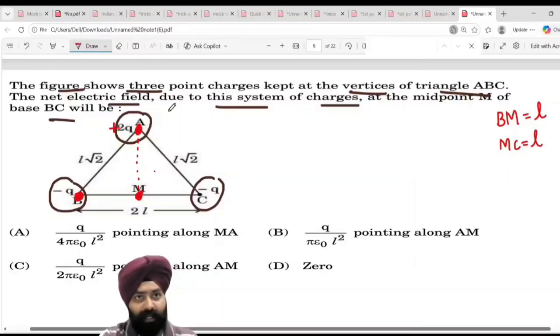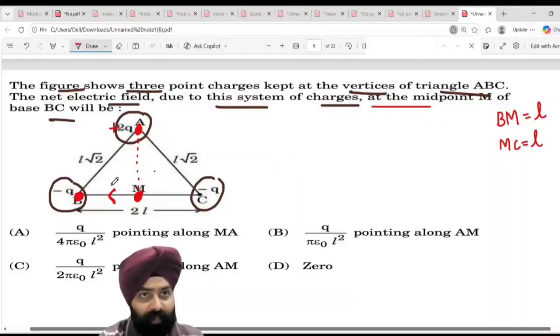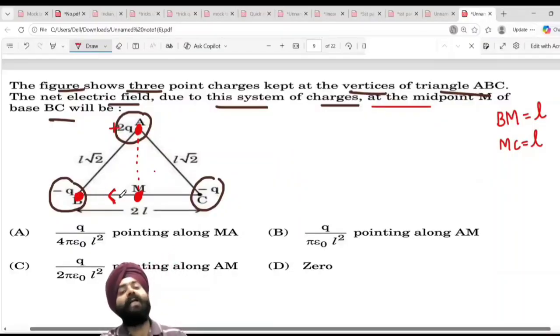And we have to check the electric field due to the system of charges at the midpoint, right? At the midpoint M, what will be the direction of the electric field? Towards minus q. If the charge is negative, then the direction will be towards the negative charge. If there is a positive charge, then the direction is opposite to that.